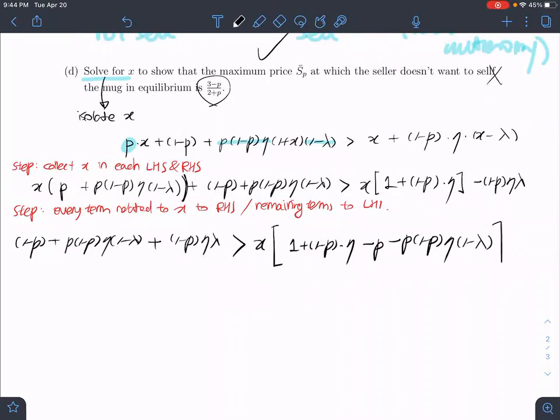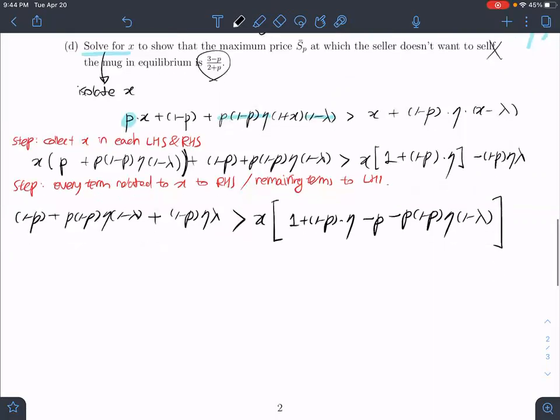Oh, I hope I don't make any mistake here. And then next step, you can see that this 1 minus p is common to every term here. So let me factor out 1 minus p. We have 1 plus p eta (1 minus lambda) plus eta lambda.